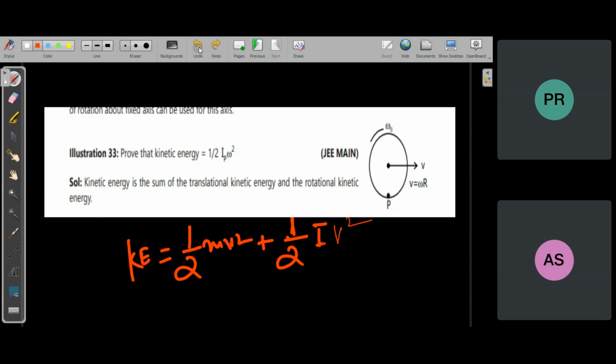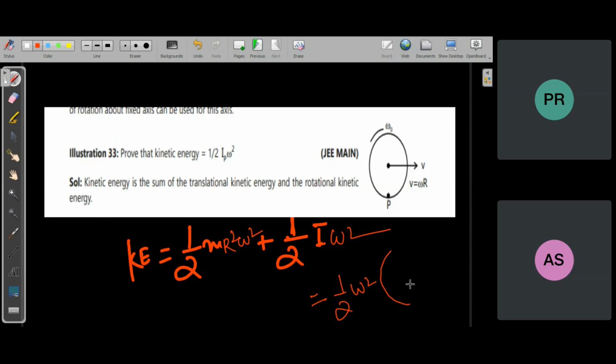Or you can do one thing. Keep it as half I omega square and write the other term as half m R square omega square, because V is equal to R omega, right? Yes, sir. Now take half omega square common.